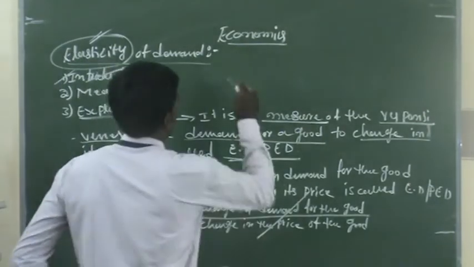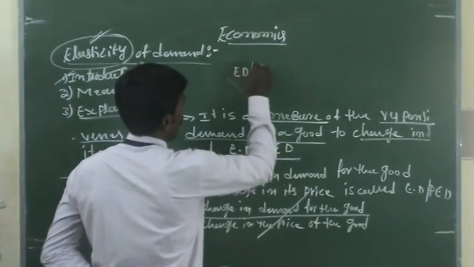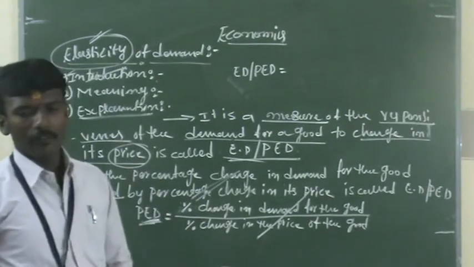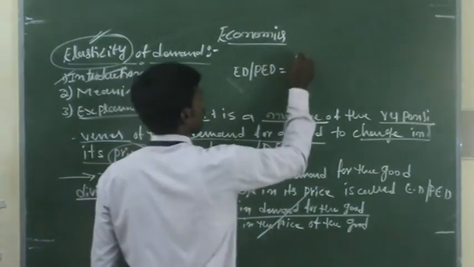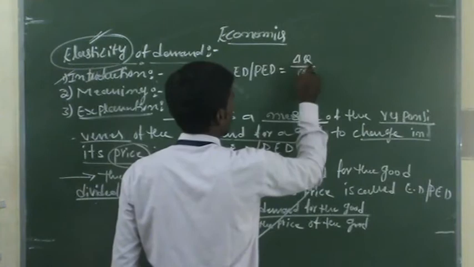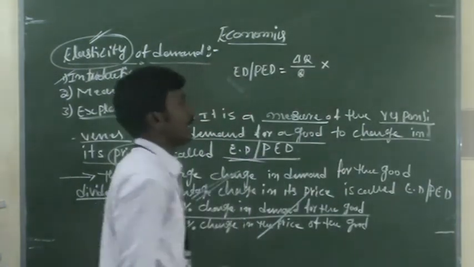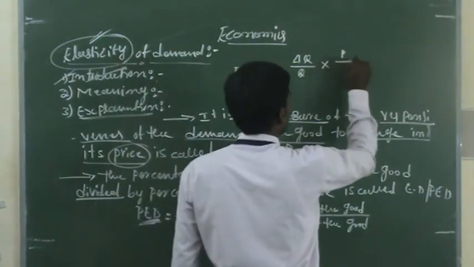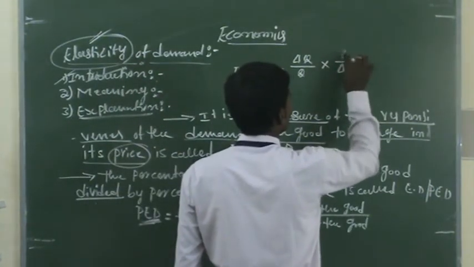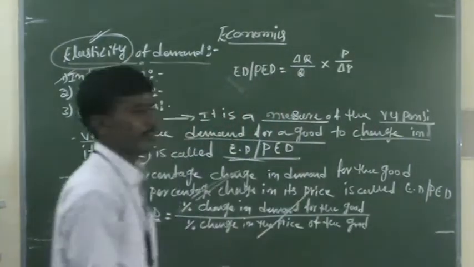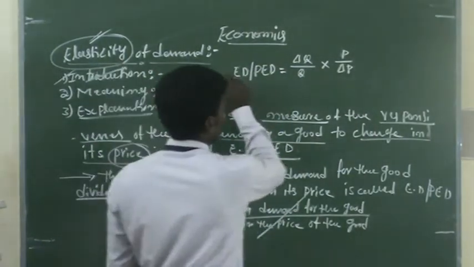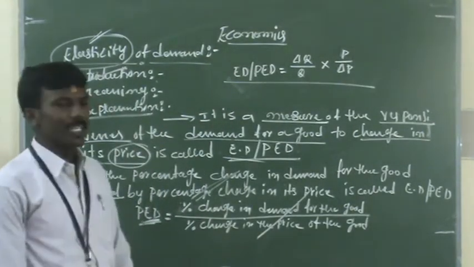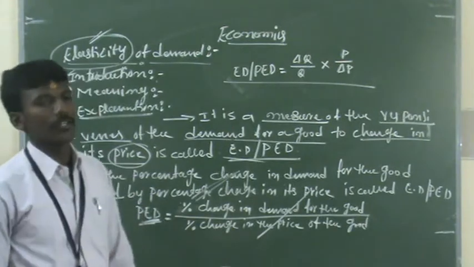So that is, ED or PED equals delta Q divided by Q into P divided by delta P. This is a formula for the calculation of the ED or the price elasticity of demand.